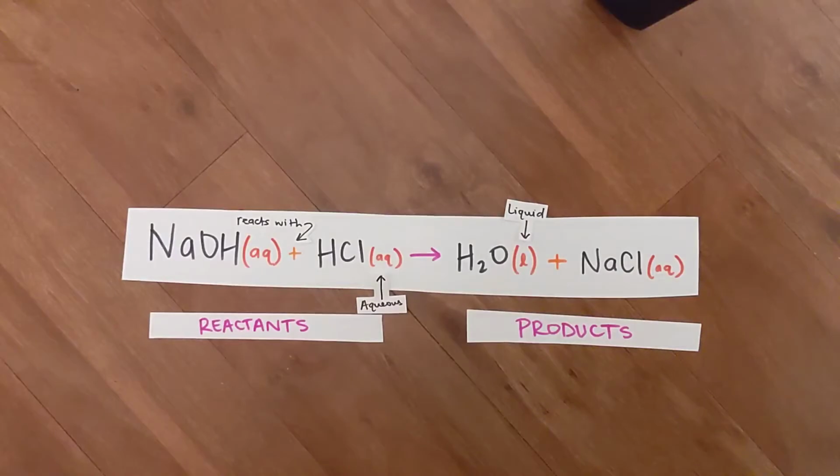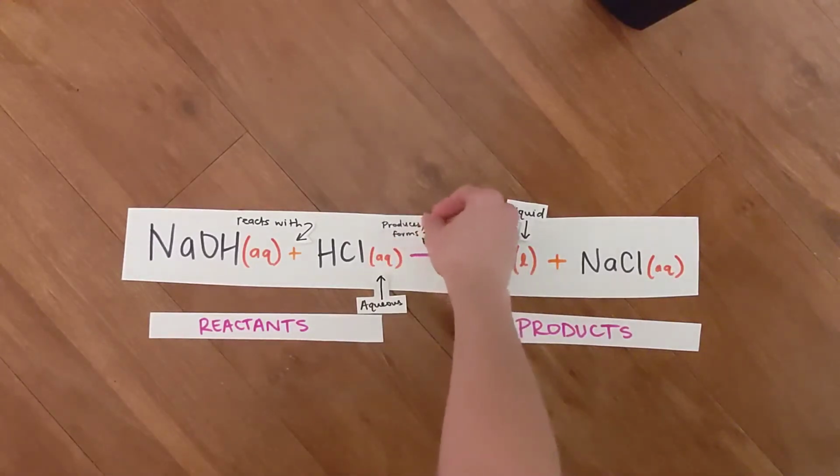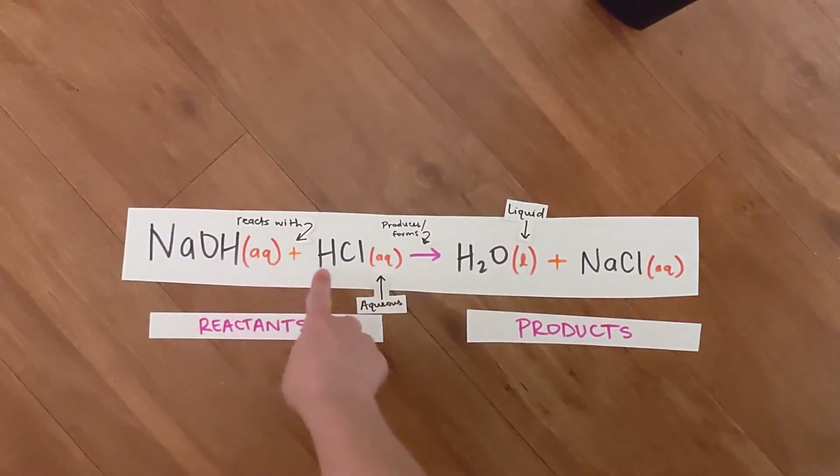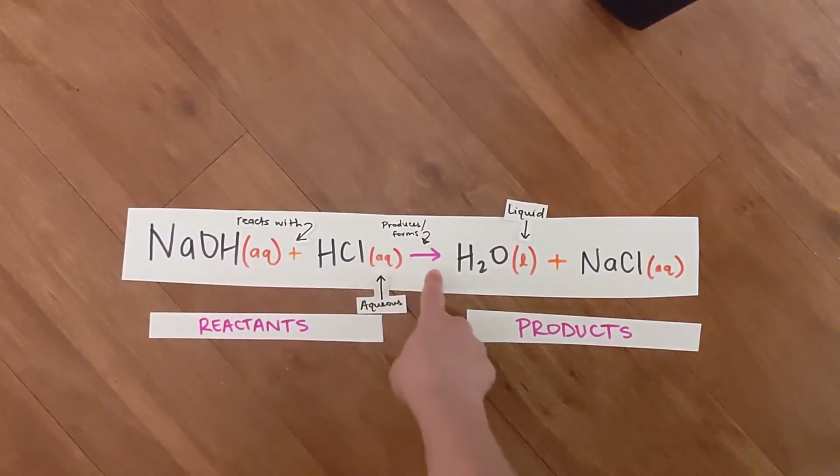Aqueous just means that this compound has been dissolved in water. That's all it means. So it looks like a liquid, but it's actually in an aqueous state because it is mixed with water. And again, this arrow indicates that NaOH and HCl reacted together to form H2O and NaCl.